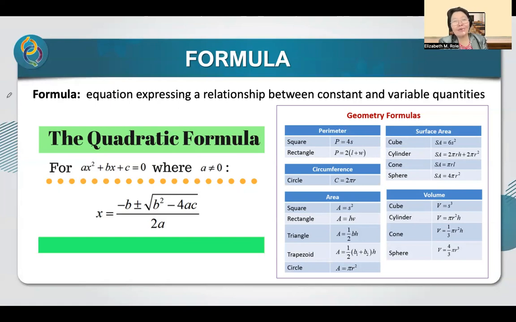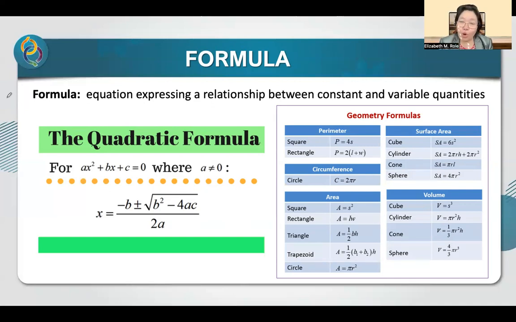But there are formulas that have already been used. One of these is, of course, the quadratic formula, which we will be using when we move on to quadratic functions. Given a quadratic equation, you can solve for the value of x. We'll be dealing with this later on, in chapter 3 or so.